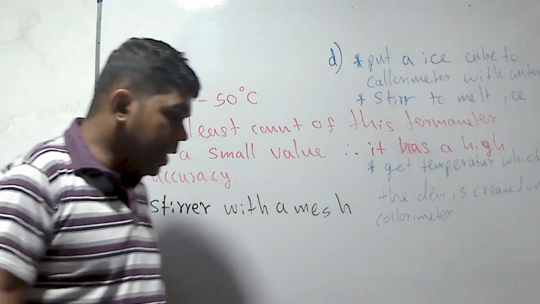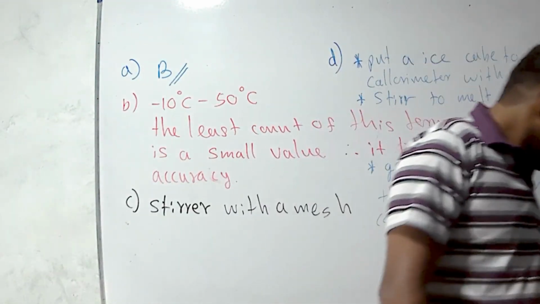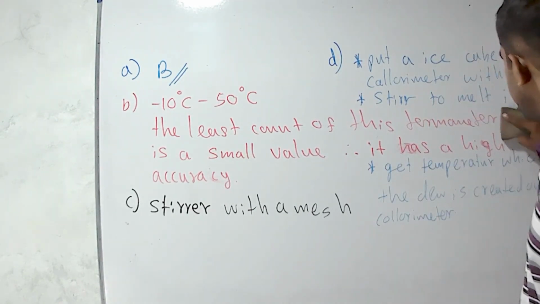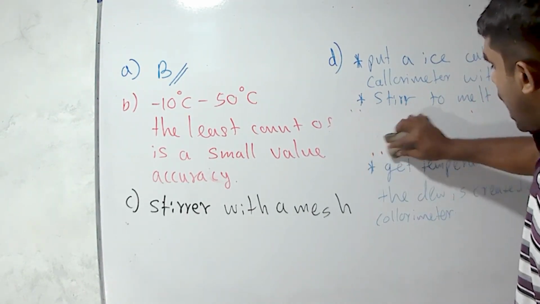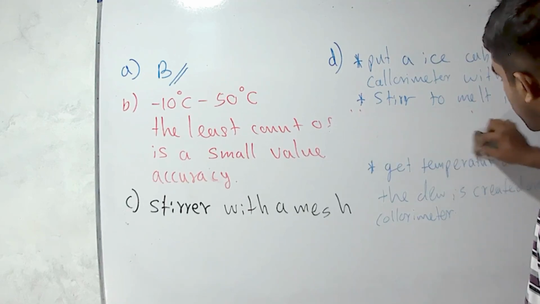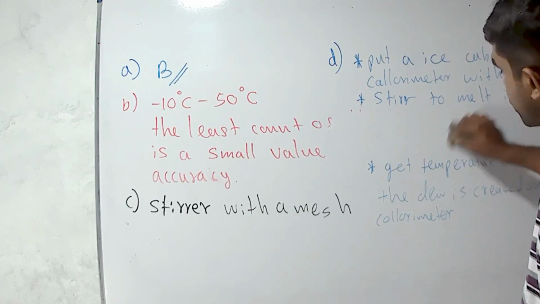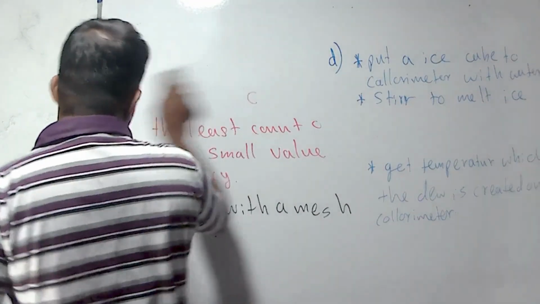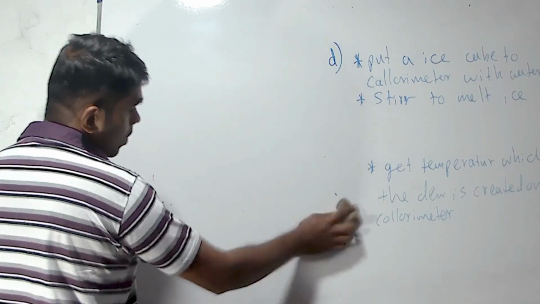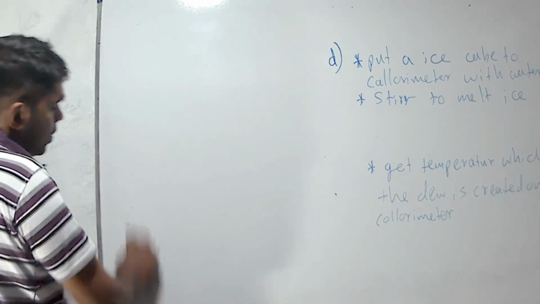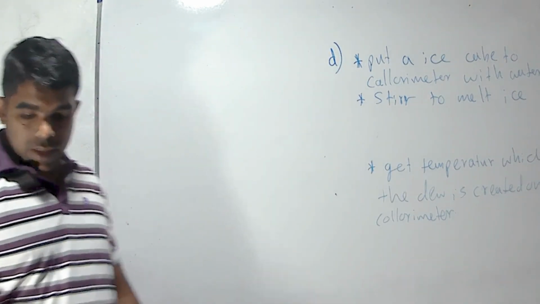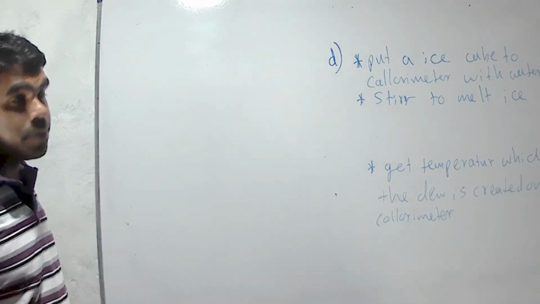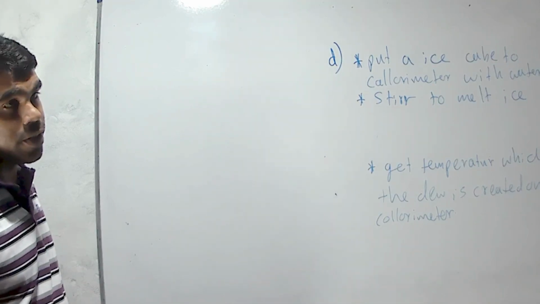When getting the second temperature, we have to stop putting ice, and we have to continue stirring. Then we can get the temperature measurement when the dew is vanished.